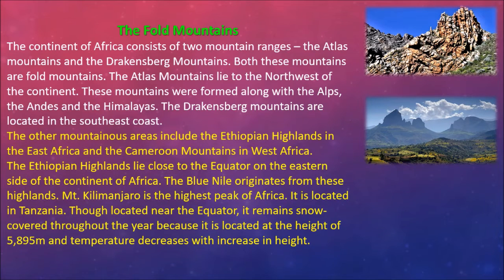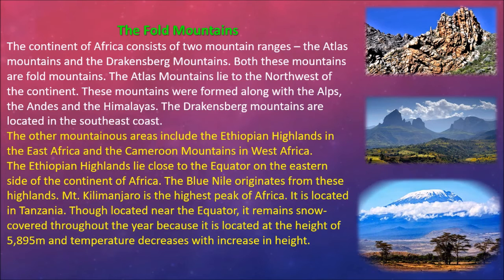The other mountains include the Ethiopian highlands in East Africa and the Cameroon Mountains in West Africa. The Ethiopian highlands lie close to the equator on the eastern side of the continent of Africa. The Blue Nile originates from these highlands.